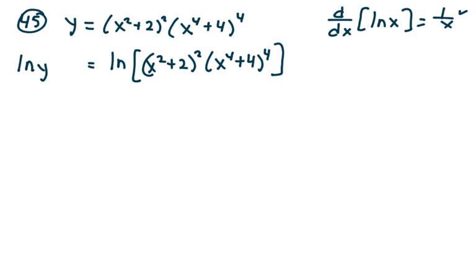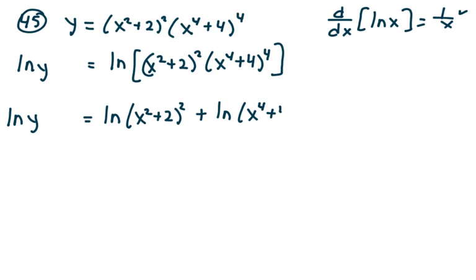We're going to need that in a minute. Now, natural log of y is natural log of (x squared plus 2) to the second plus natural log of (x to the fourth plus 4) to the fourth.